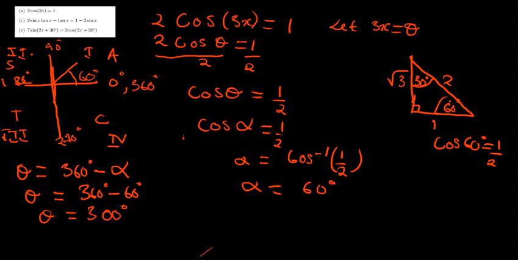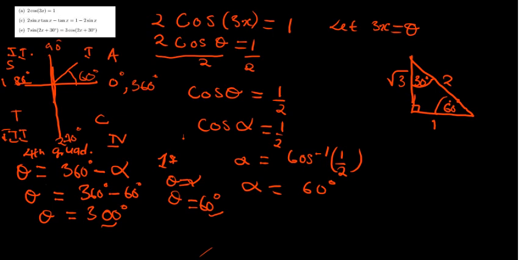Then this is in the fourth quadrant. You can just abbreviate it as quad. And in the first quadrant, theta is equal to alpha, therefore theta is equal to 60 degrees. So theta is equal to 300 or 60 degrees, in the fourth and first quadrants.